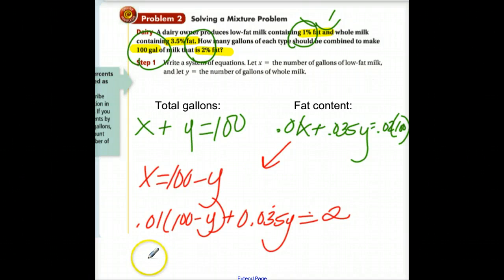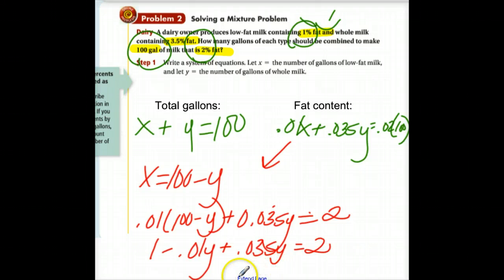I can distribute: 0.01 times 100 is 1, minus 0.01y plus 0.035y equals 2. I get 0.025y equals 1, y equals 40.